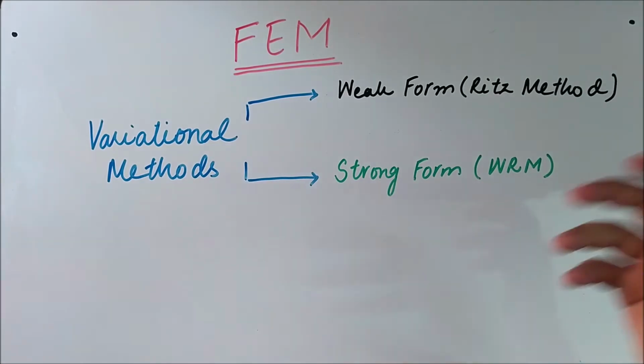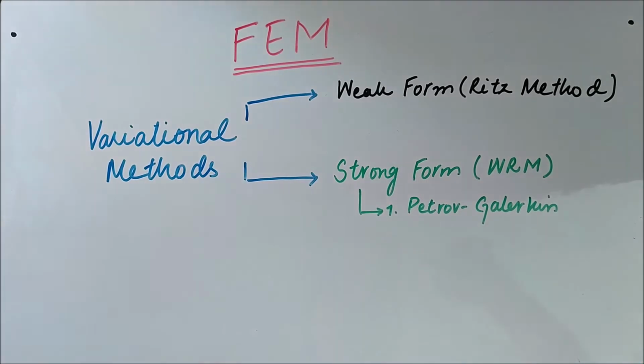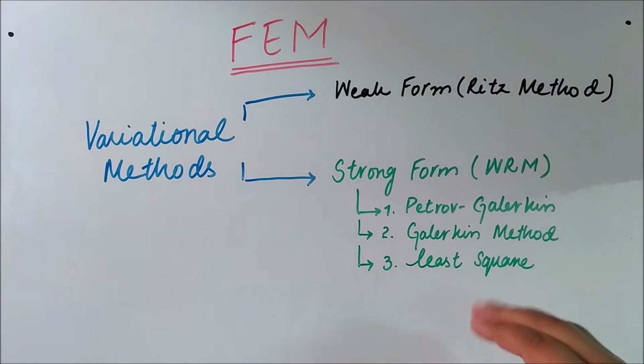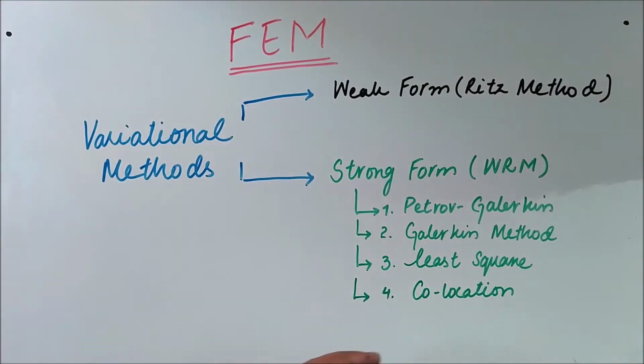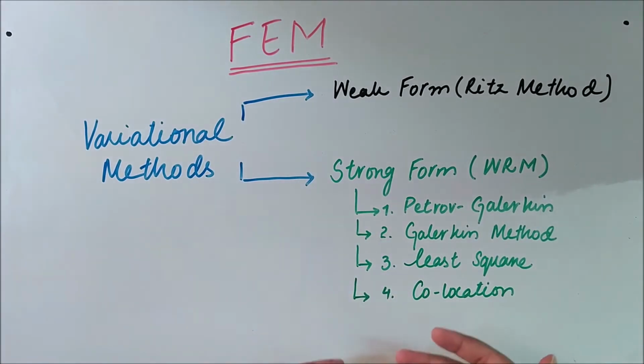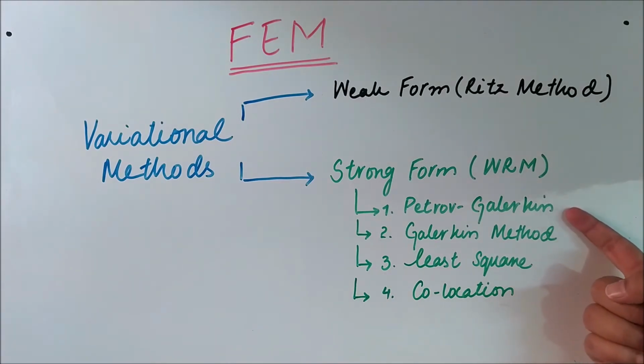These four methods are: the very first is the Petrov-Galerkin method, the second one is the Galerkin method, the third one is the least square method, and the last one is the collocation method. So what is the basic difference between these four methods? The difference is in the selection of the weight function. In the Petrov-Galerkin method, the shape function is not equal to the weight function.